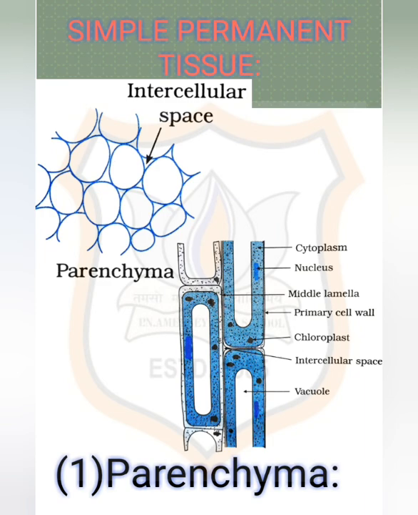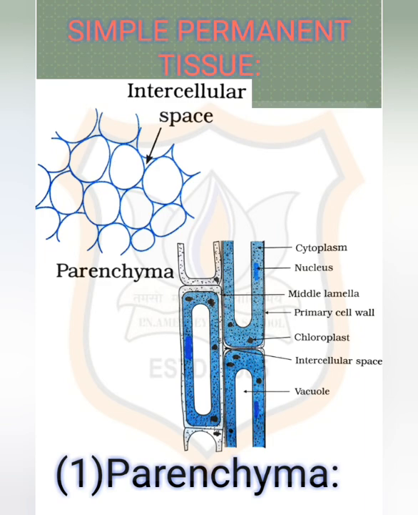Now parenchyma forms basic packing tissue as shown in the figure, and functions of this simple permanent tissue parenchyma are: very first, it supports; second, storage of food, nutrients and water; the third one, photosynthesis in case of chlorenchyma only; and giving buoyancy to the plants and helping in floating in case of aerenchyma.